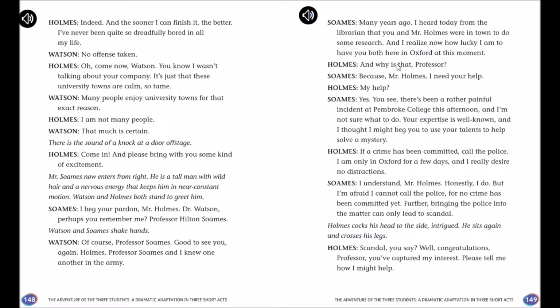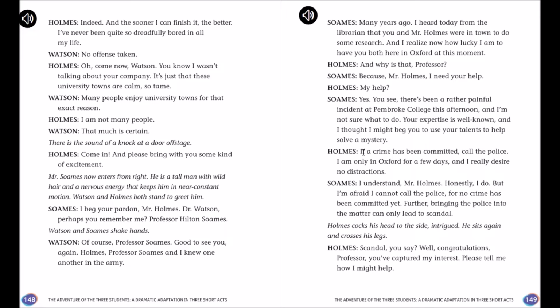Holmes. Why is that, Professor? Soames. Because, Mr. Holmes, I need your help. Holmes. My help? Soames. Yes, you see, there's been a rather painful incident at Pembroke College this afternoon, and I'm not sure what to do. Your expertise is well known, and I thought I might beg you to use your talents to help solve a mystery.